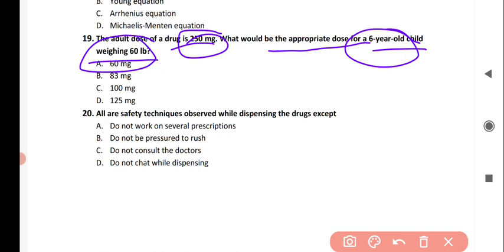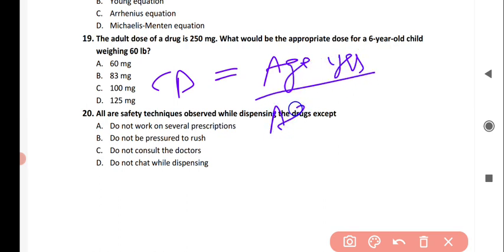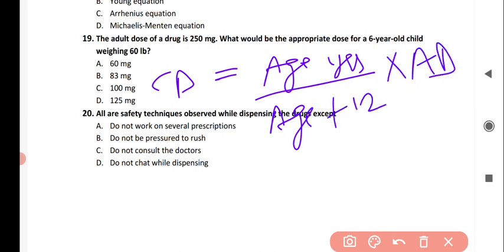So we can find the child dose by using Young's formula. Young's formula to calculate the child dose, that is child dose is equal to age in years divided by age in years plus 12 into adult dose.